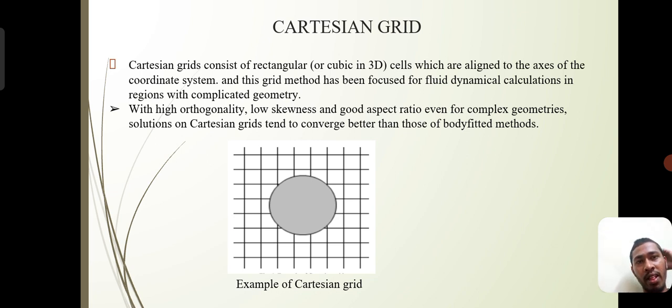With high orthogonality, low skewness, and a good aspect ratio, even for complex geometry solutions, the Cartesian grid tends to converge better than those modified methods. An example of a Cartesian grid can be observed as shown in the figure.